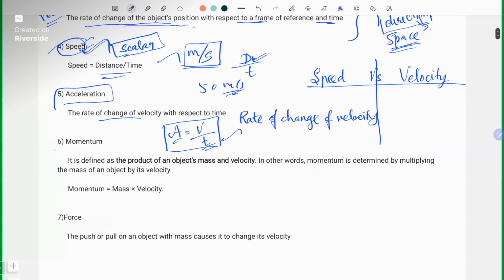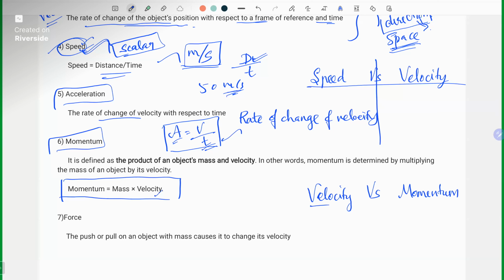So what is momentum? Momentum also has a formula. We already know what is velocity. See, the basic difference between velocity and momentum is this. Velocity will involve only the speed and direction, whereas in addition to the speed and direction, momentum will include the mass of an object.